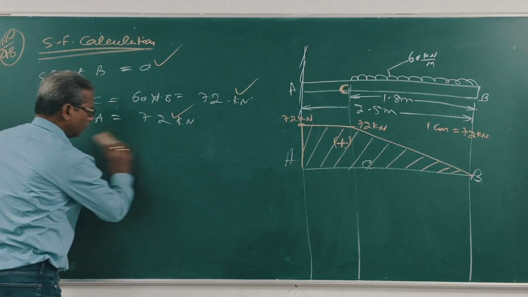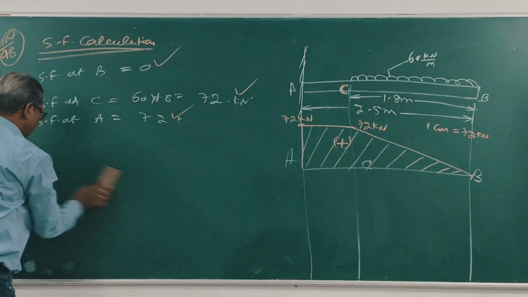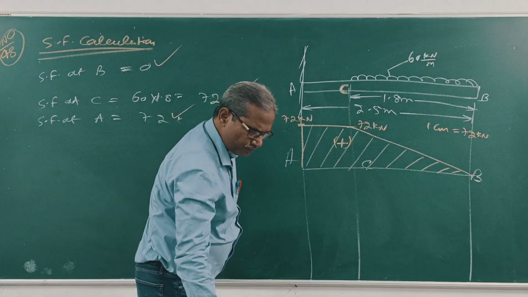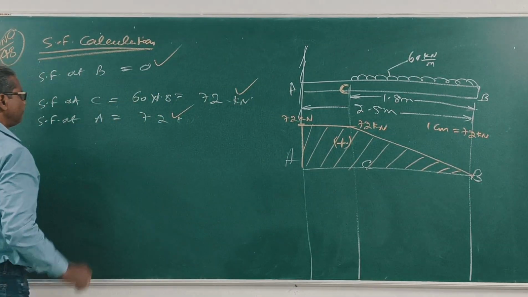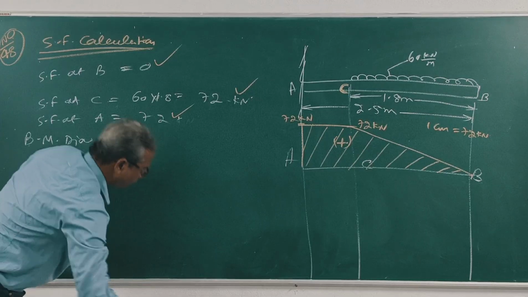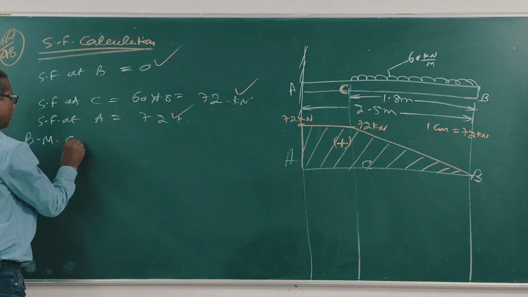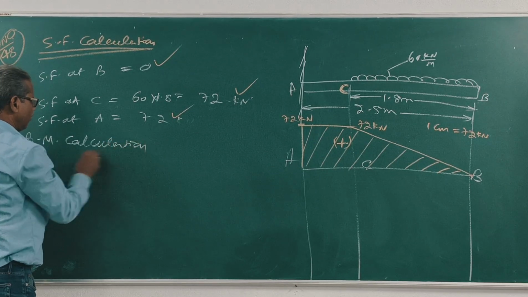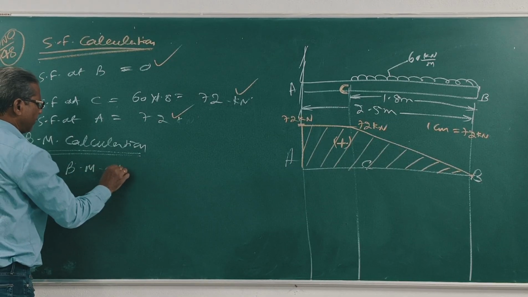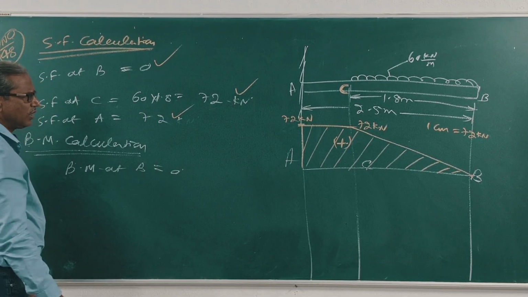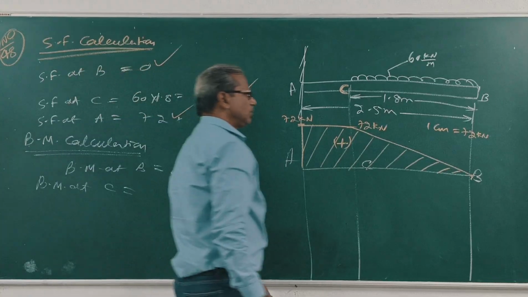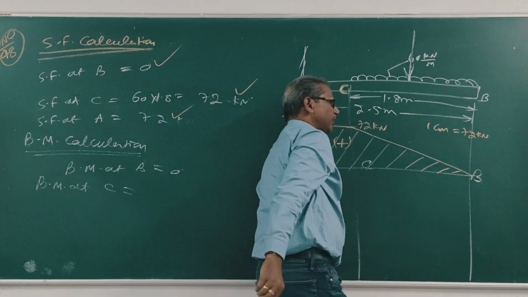Next, bending moment diagram. Bending moment calculation. At B, it is 0. Bending moment at C is minus 60 into 1.8 into 1.8 by 2. Clear? So about C, minus 60 into 1.8 into 1.8 by 2.